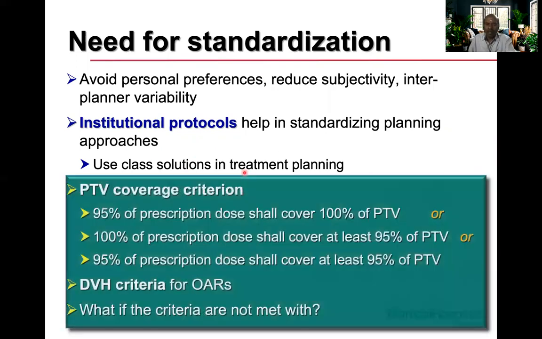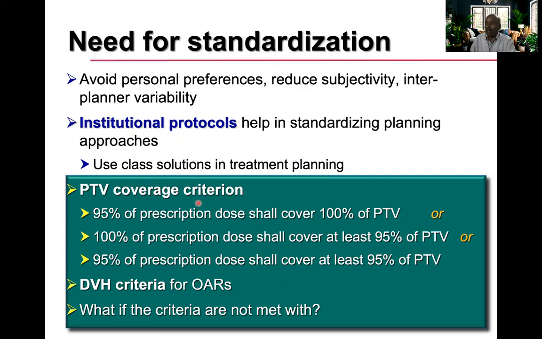For example, the institutional protocols that you develop should give solutions for what kind of criterion you are going to use for the PTV coverage. Is it 95% of the prescription dose shall cover 100% of the PTV, or 100% of the prescription dose shall cover at least 95% of the PTV, or is it 95% of the prescription dose shall cover at least 95% of the PTV?